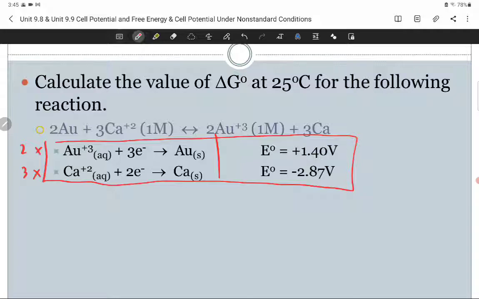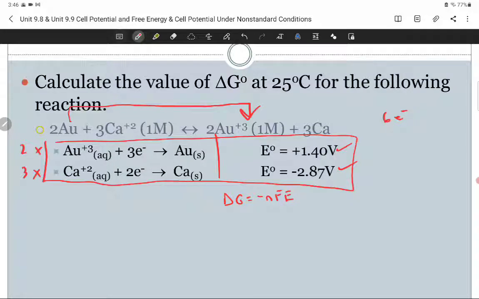Because remember that whatever electrons you lose, something else has to gain. So there are 6 electrons that are transferred in this chemical reaction. And then to understand the rest of it, I guess we need this equation, negative nFE. Remember that n is moles of electrons, F is Faraday's constant, a constant, and then E-cell is whatever E-cell. So it looks like we're going to have to use those to get the E-cell.